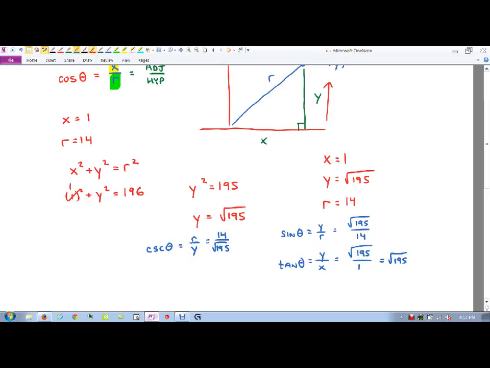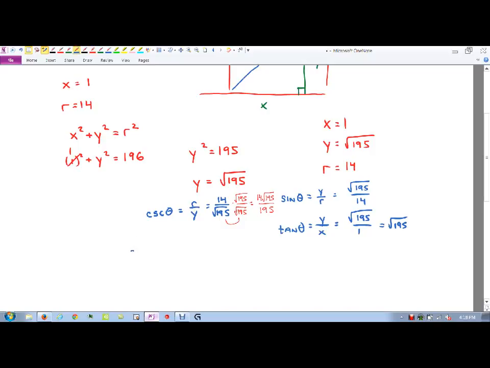Multiplying the top and bottom here by root 195, what we're doing is rationalizing the denominator, making it so we don't have a root in the bottom. We get 14 root 195 over, now root 195 times root 195 is just 195. So that's cosecant.